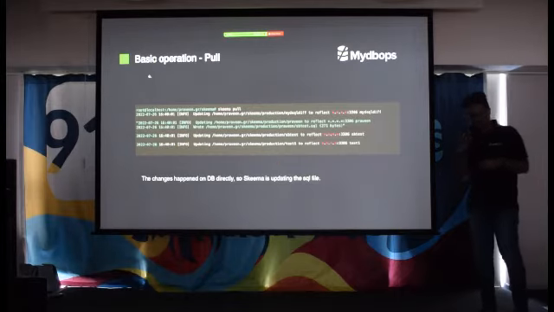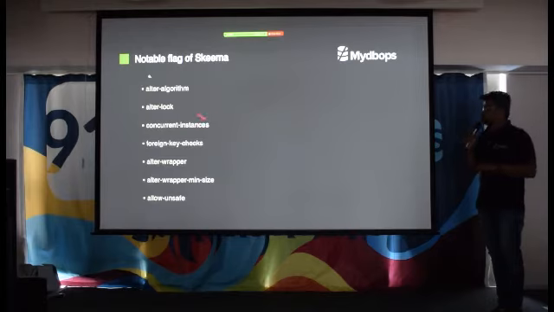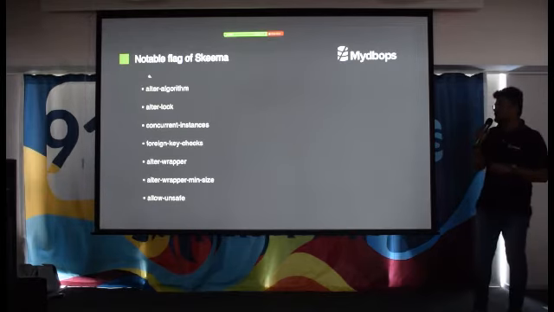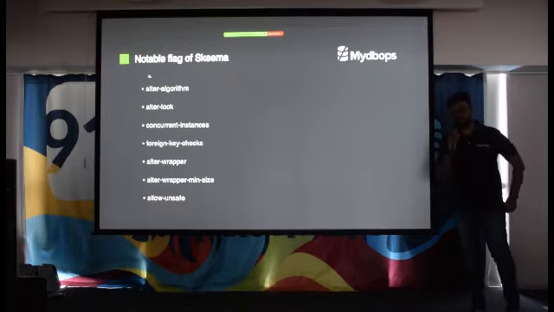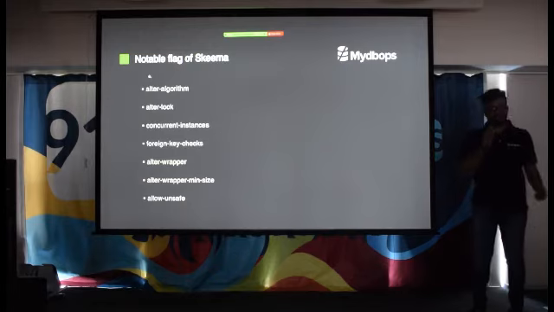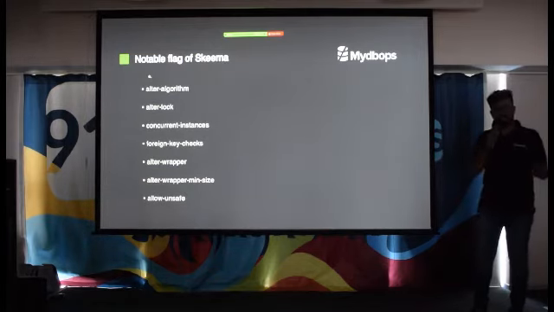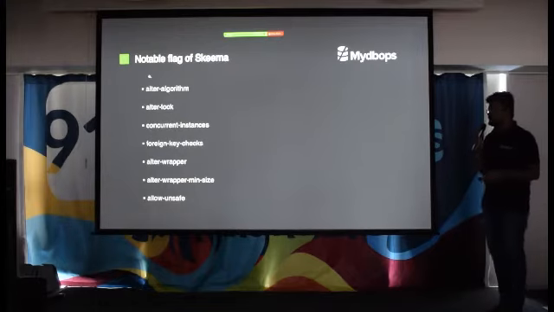Notable flags. So alter algorithm and alter lock are like the online alter provided by MySQL. For alter algorithm, we can mention either in place or copy, and for lock we can mention none or shared based on our convenience. And concurrent instances.